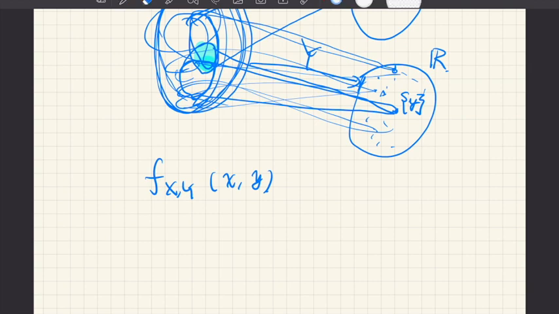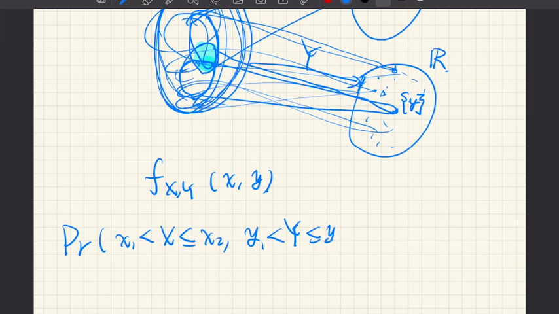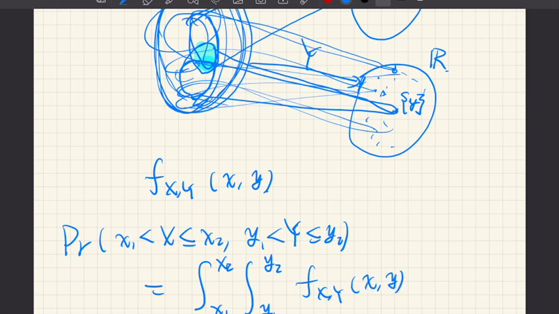In this case, the joint probability of x between x1 and x2, and y between y1 and y2 will be a double integral. But the idea is the same.